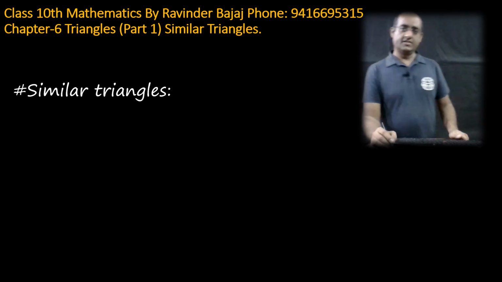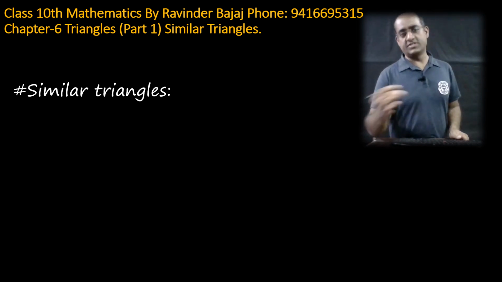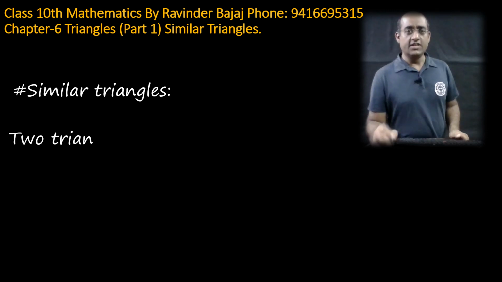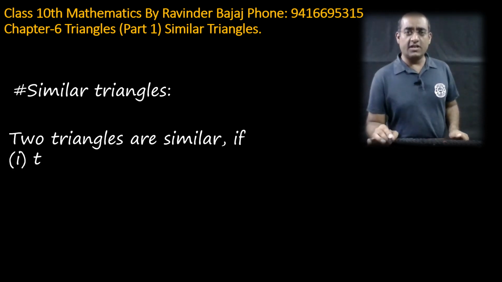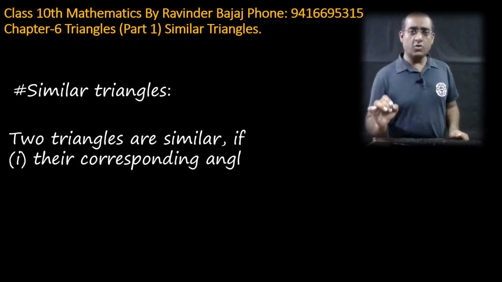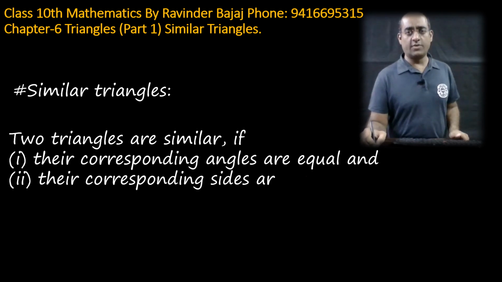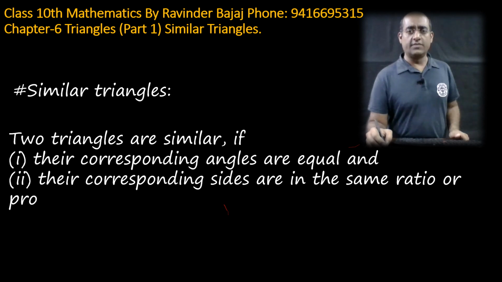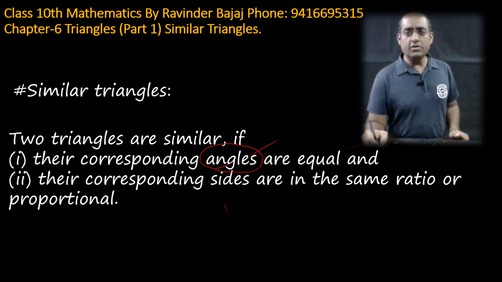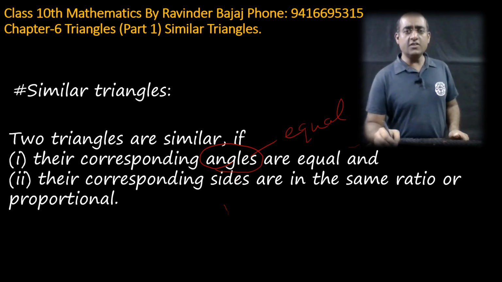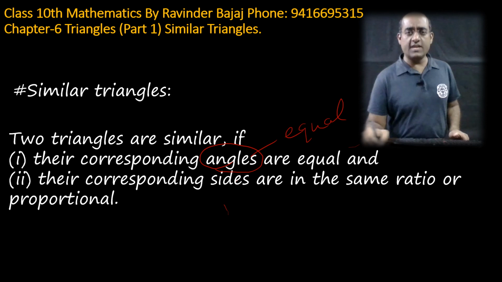Similar triangles. Now, like similar trapezium, similar triangles are also, see, two triangles are similar if their corresponding angles are equal. I'm talking about angles are equal. See, these angles I'm talking about equal, and the corresponding sides are in the same ratio.